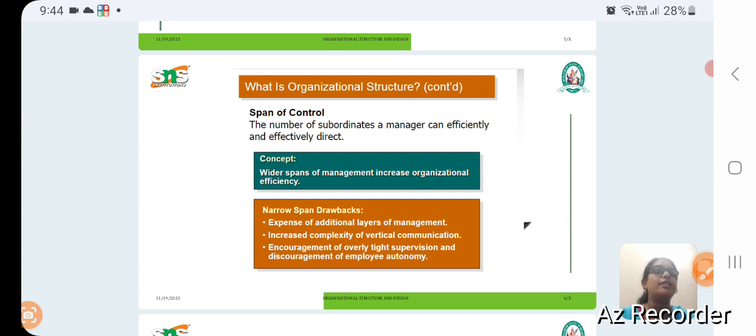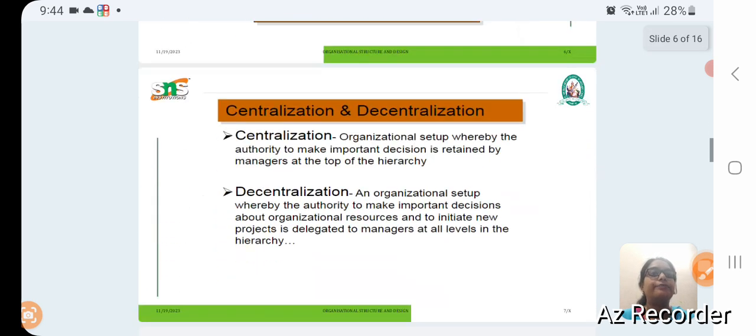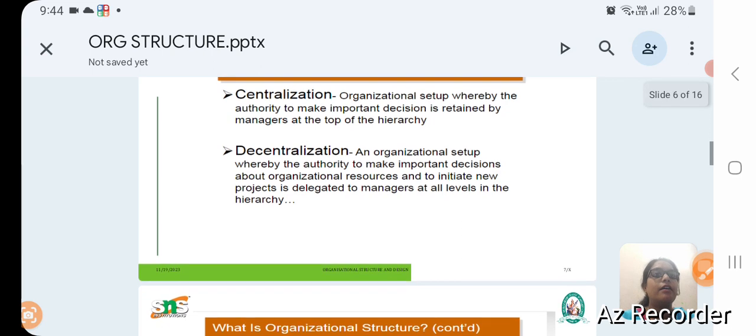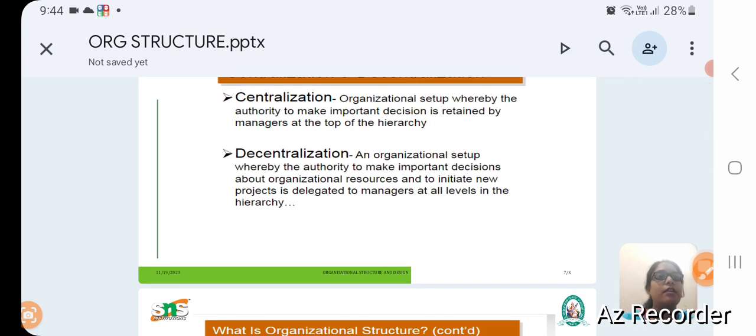Next is centralization and decentralization. Centralization gives the leader ultimate control over the decision making process, while decentralization allows employees to take decisions themselves rather than depending on the higher authorities.